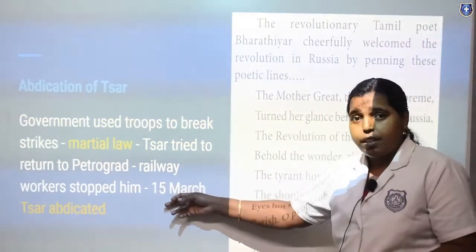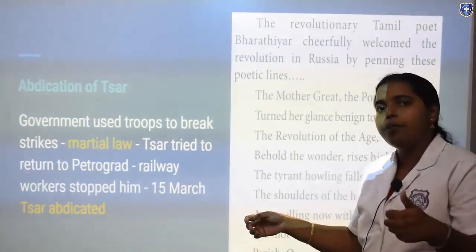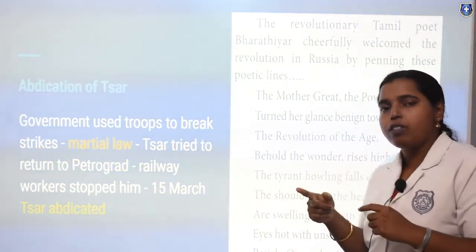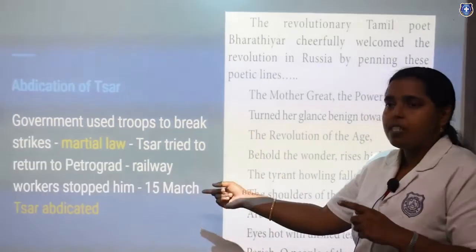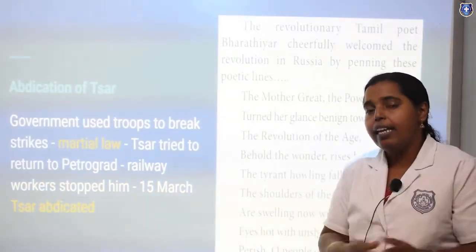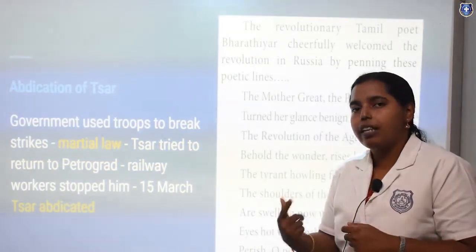This revolution, as we saw in the previous class, had an impact on India. There was a topic of impact on India. All these revolutions and western ideas were transferred to the eastern side, and India especially had a greater impact.